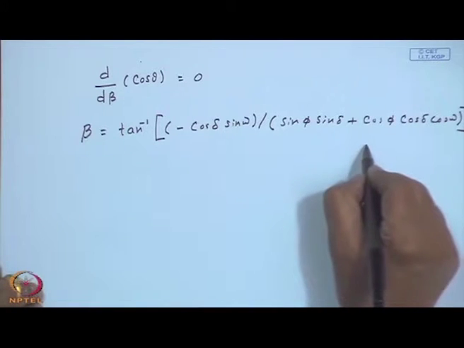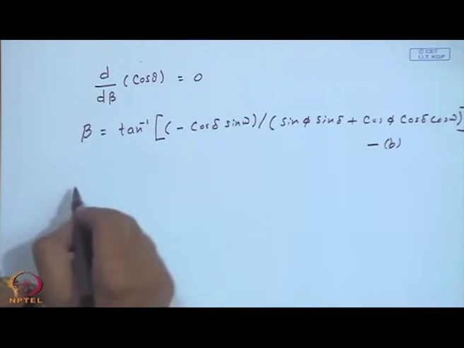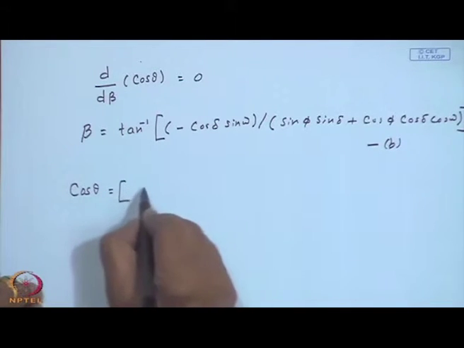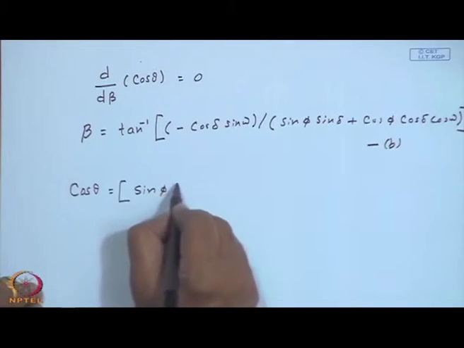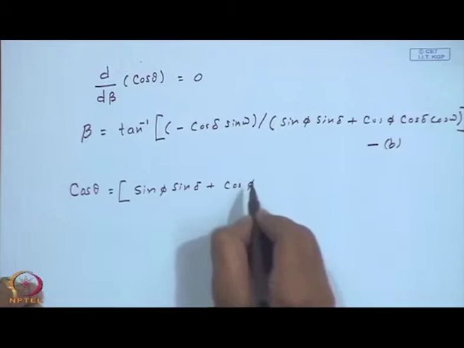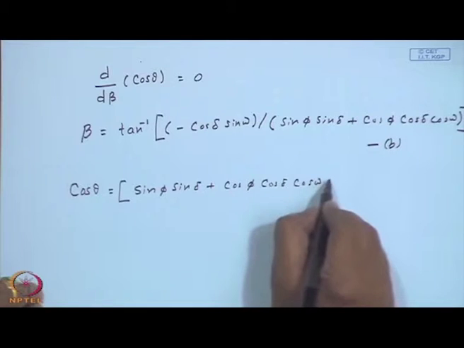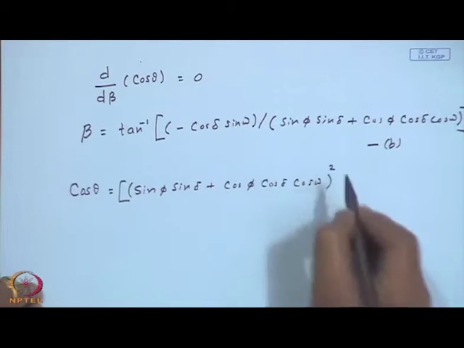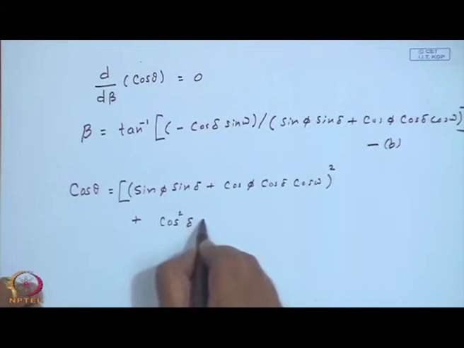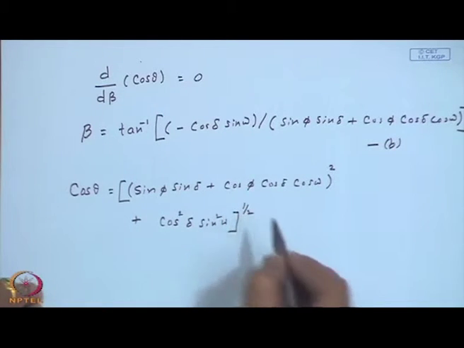So, if we call this beta in the previous equation for cos theta, we get cos theta, a longer expression: sin phi sin delta plus cos phi cos delta cos omega whole square plus cos squared delta sin squared omega, whole to the power 1/2.